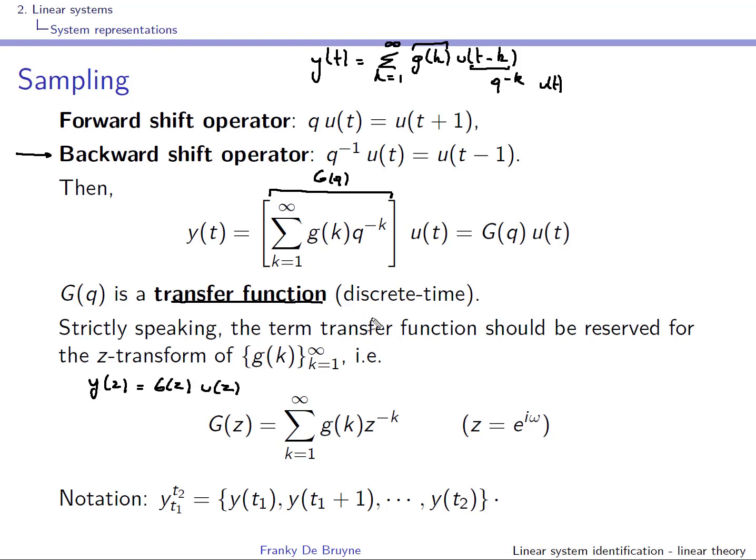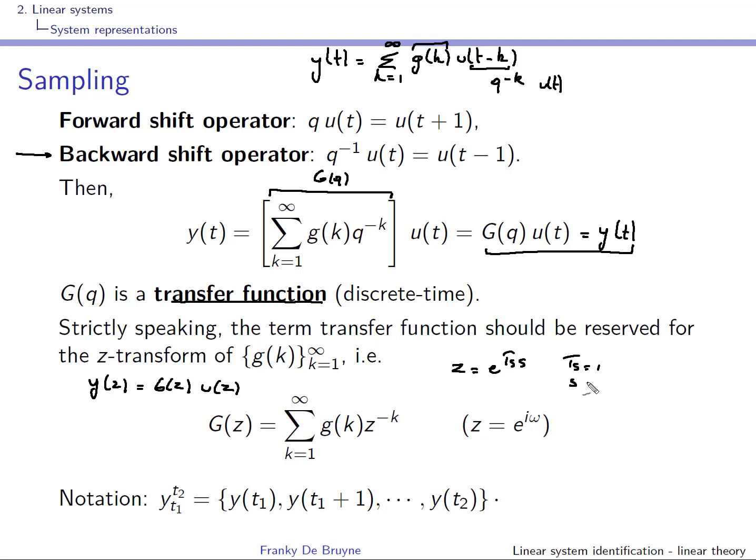Working with this backward shift operator allows us to write an equation like this one over here while remaining in the time domain. We'll use g(z), the z transform of the impulse response, when we go to the frequency domain, and then we have to remember the relation between z and the Laplace variable, which is z = e^(Ts s). In this course, for ease of notation, we take Ts equal to 1.